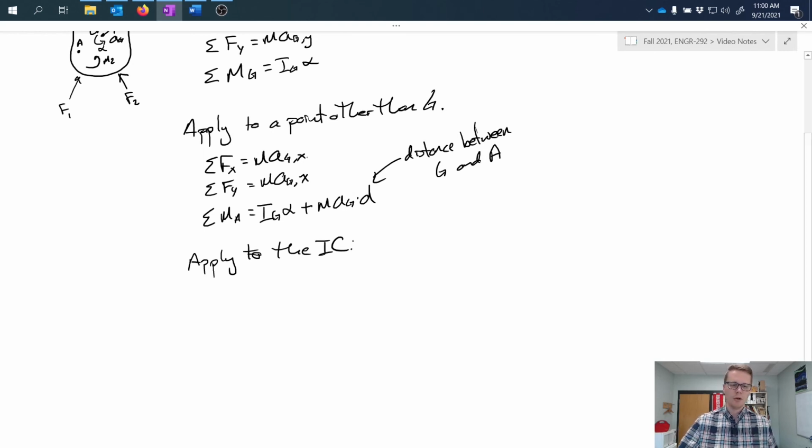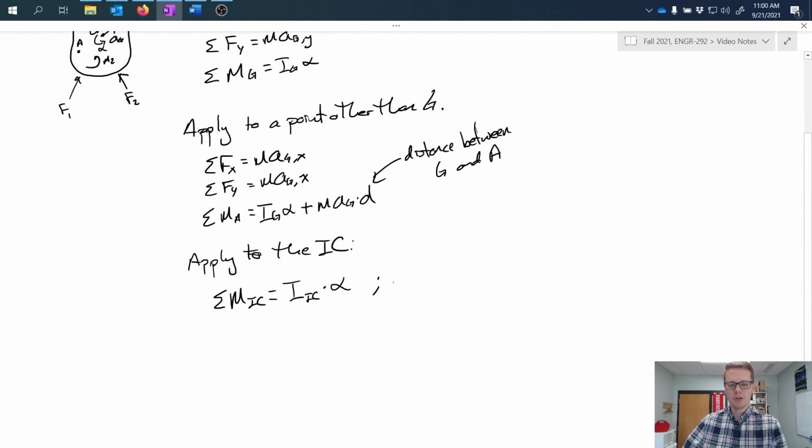And therefore, our first two equations, our summation of forces equations in this case, drop off, and instead we focus on the summation of moments around the instantaneous center, our moment of inertia about the instantaneous center, and our angular acceleration.